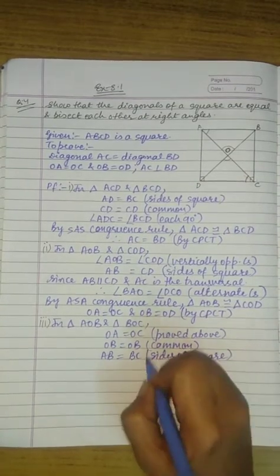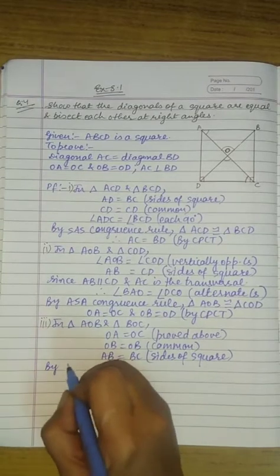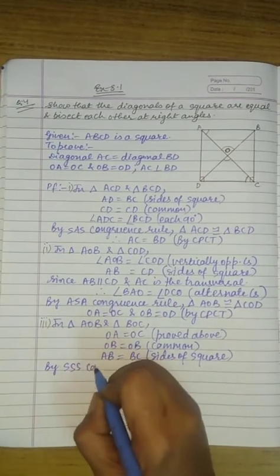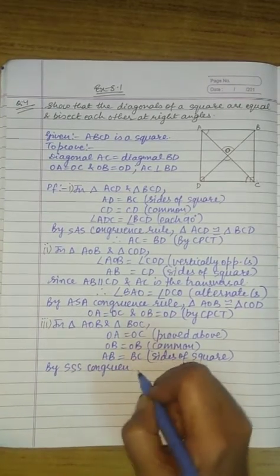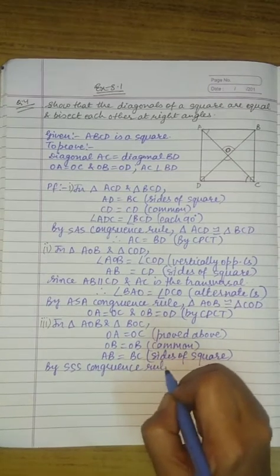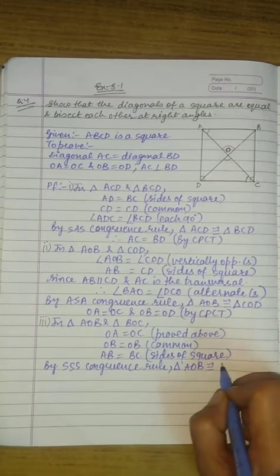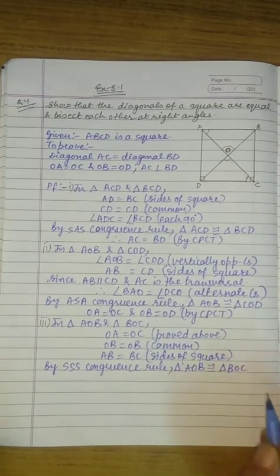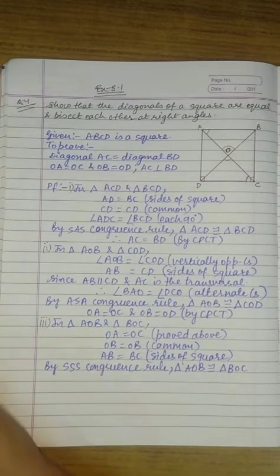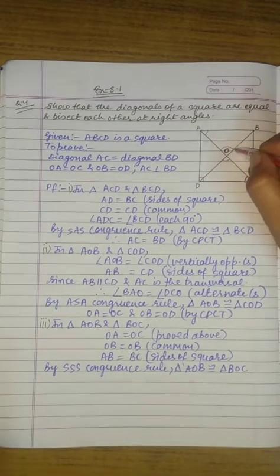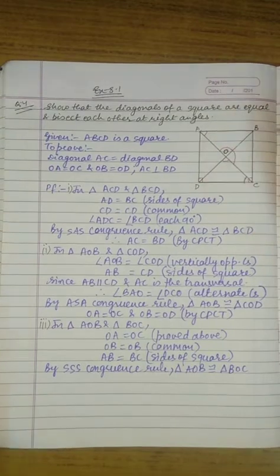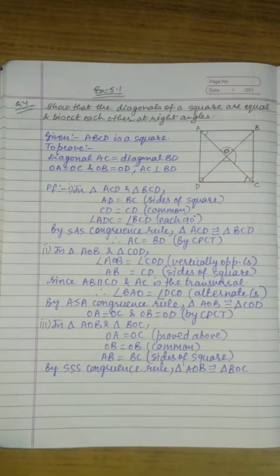So by side side side congruence rule, triangle AOB is congruent to triangle BOC. If both these triangles are congruent, then these two angles are equal. Which angles are equal?